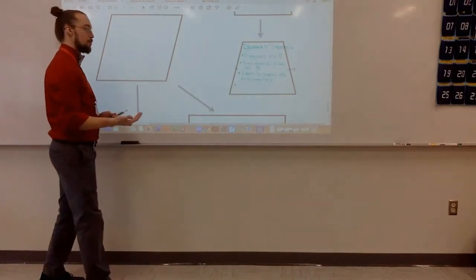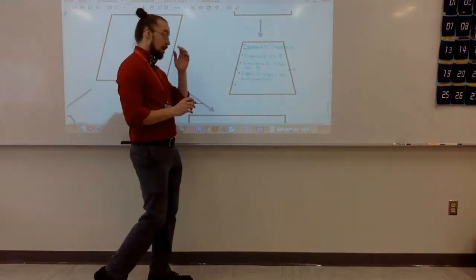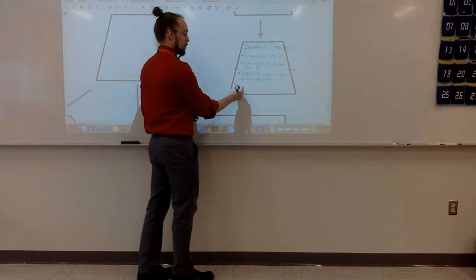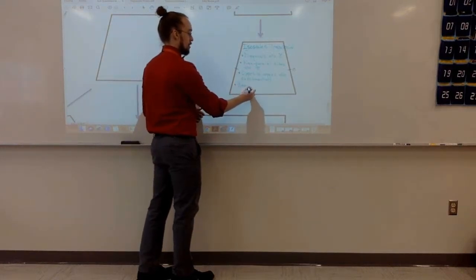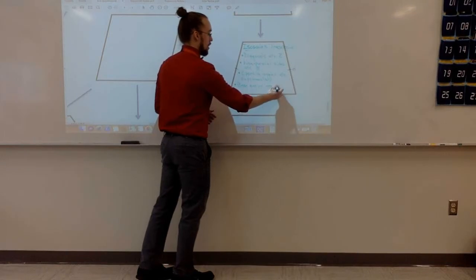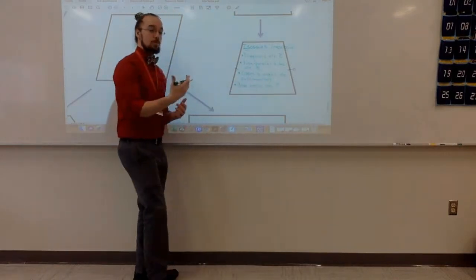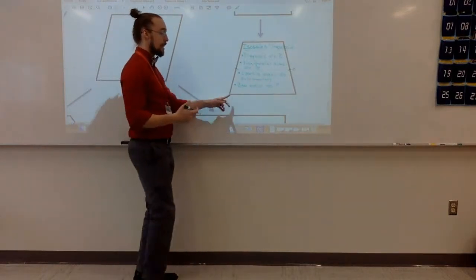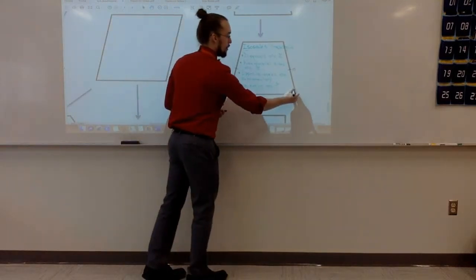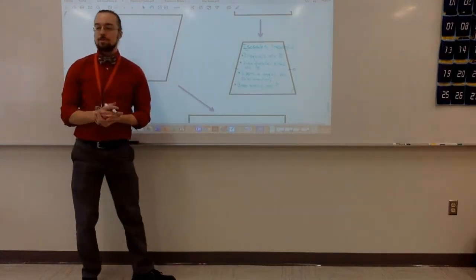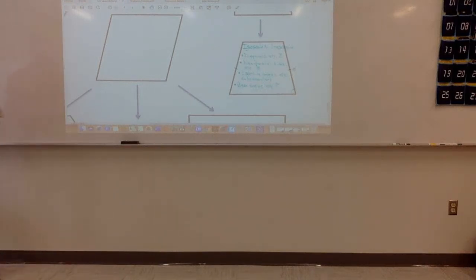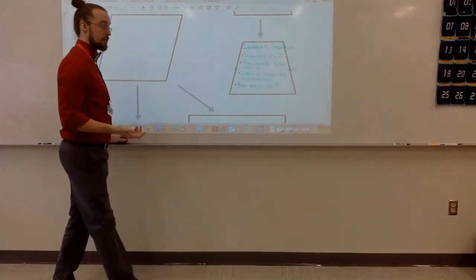This one also had to do with the angles. And this one said the base angles are congruent. And by base angles, we mean angles that are on the same parallel line. So, for example, this angle and this angle would be congruent. So those were all of our properties for an isosceles trapezoid.